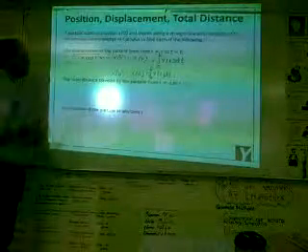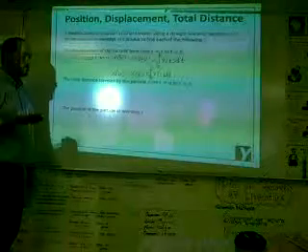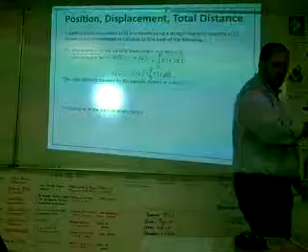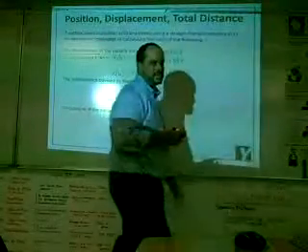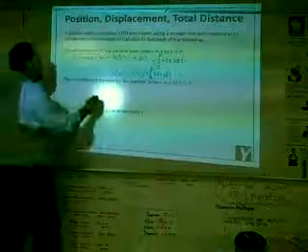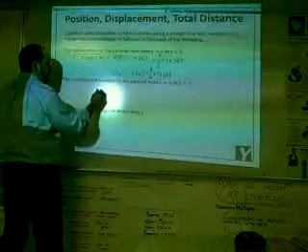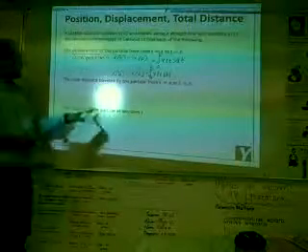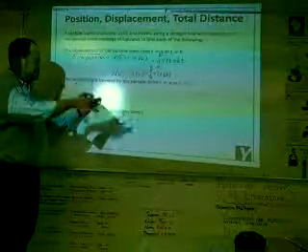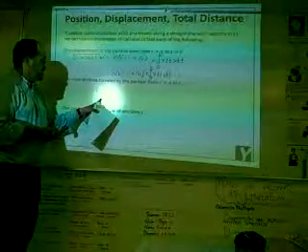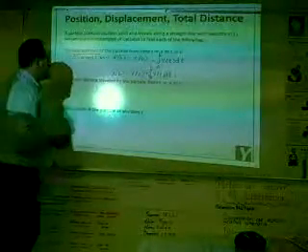If I want to know the total distance traveled by the particle, well, when we look at total distance, remember we want to consider positive motion as well as negative motion. We don't want those to cancel each other out. So we are going to look at an integral again. We're going to look at the integral of our velocity, but since velocity can be positive, which is forward motion, or negative, which is backward motion, we want to make sure those aren't canceling each other out.